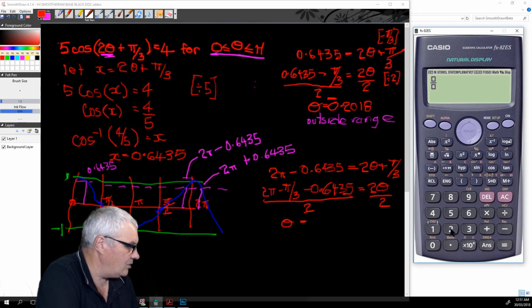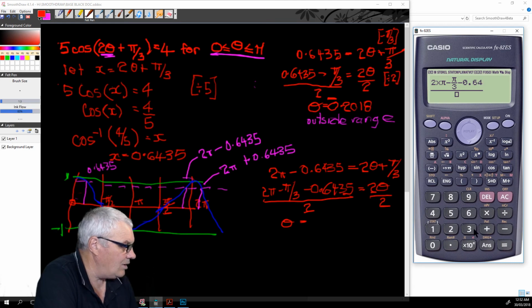So that'll be 2 times pi, okay, minus, and then there'll be this little fraction here, which will be shift pi upon 3, and then it'll be minus 0.6435 and all over 2.